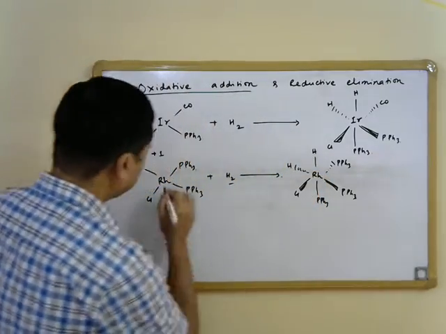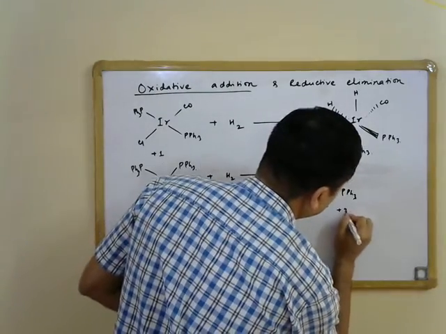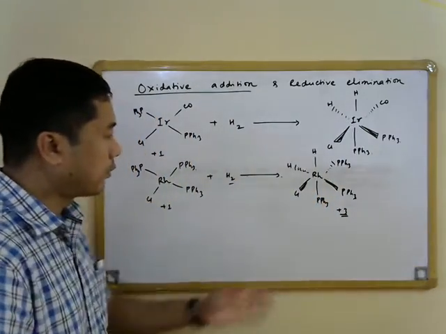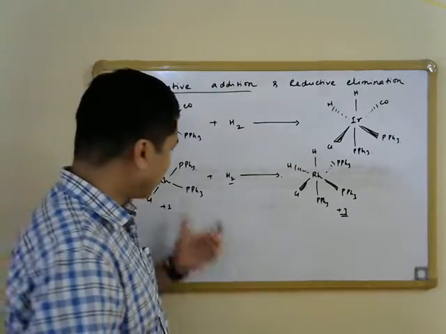Again, what we see is that rhodium is in the +1 oxidation state here, while in the product the oxidation state of rhodium has increased to +3, as well as the coordination number has increased to 6 from 4.